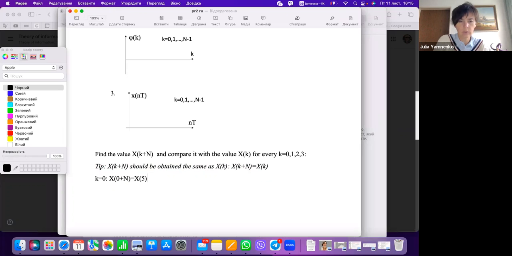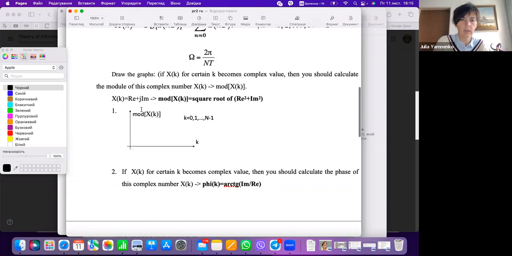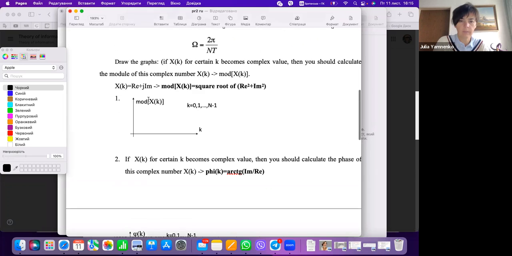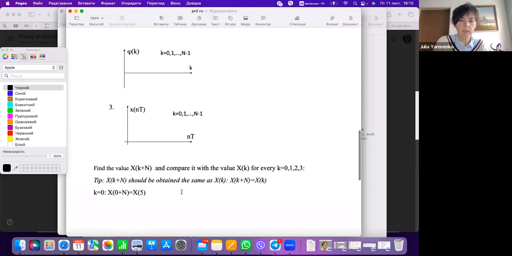You should put 5 instead of k in the formula that you have here. So in this formula you should put x from 5 instead of k, and you should prove it should be equal to x0 if you calculate everything correctly.